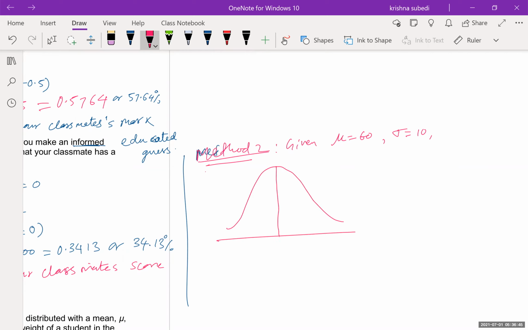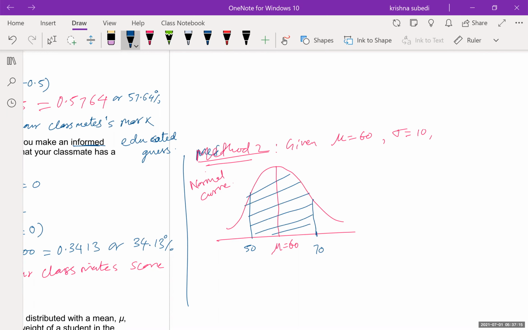this is not the Z curve, this is just a normal curve, okay? Normal curve. Mu is given 60. Standard deviation is 10. So that means, let's say this one is your 70, and this one will be 50. So this area right here is one standard deviation from the mean.